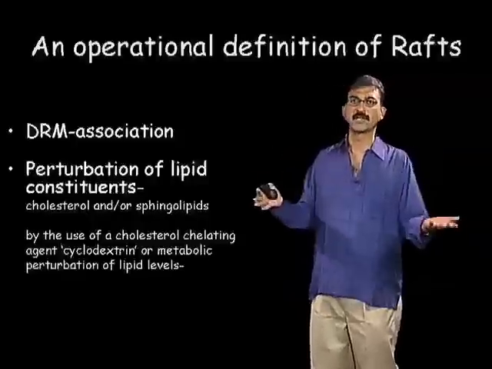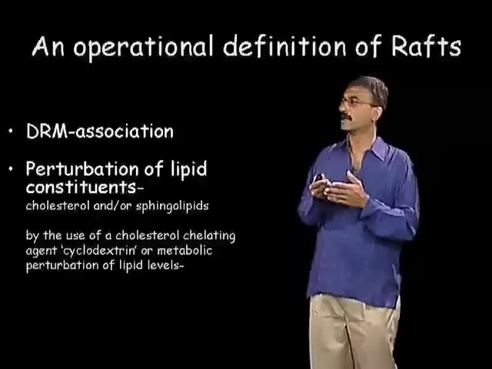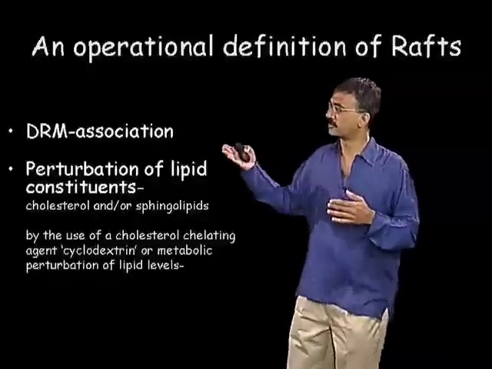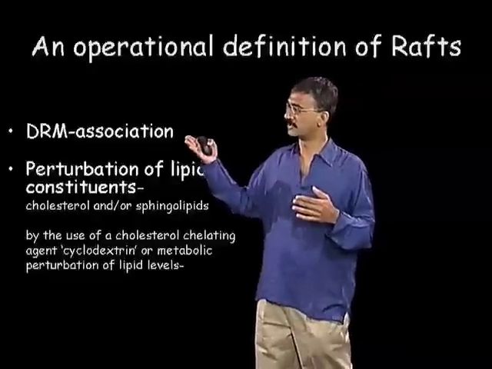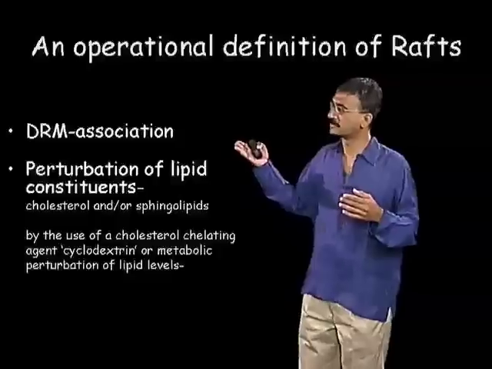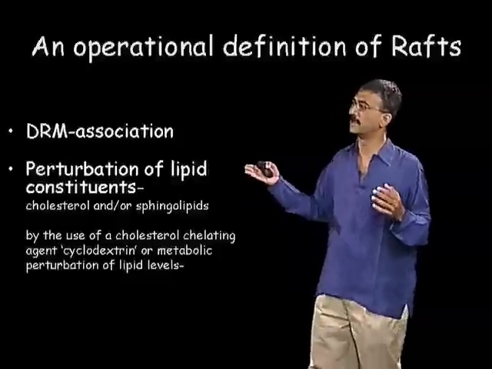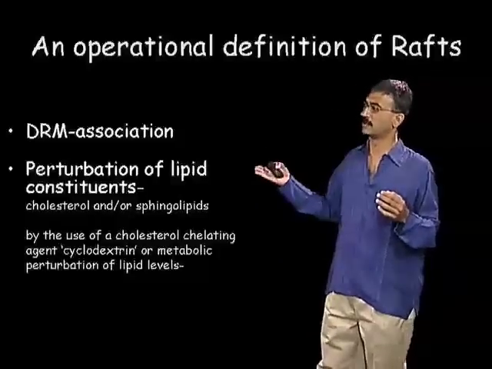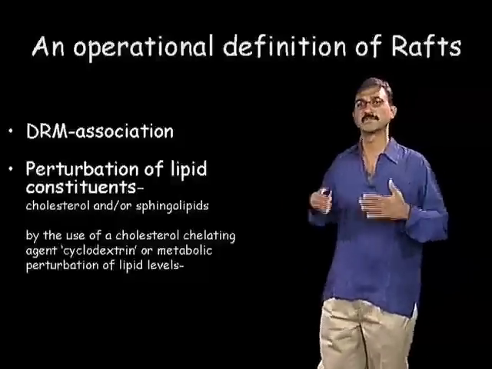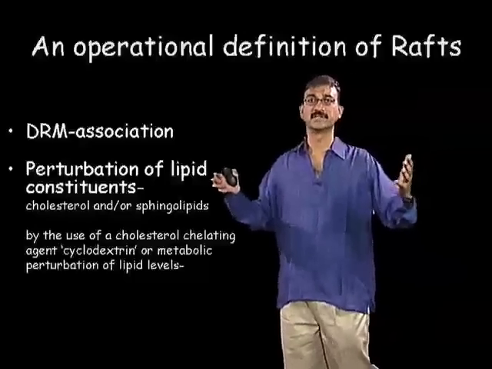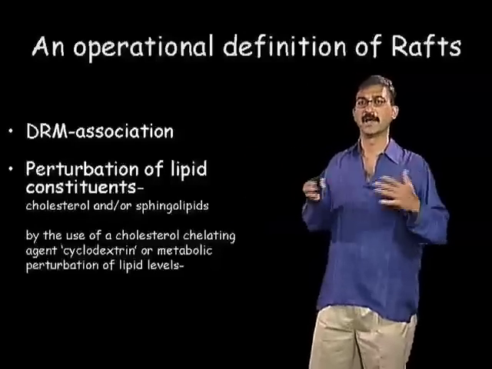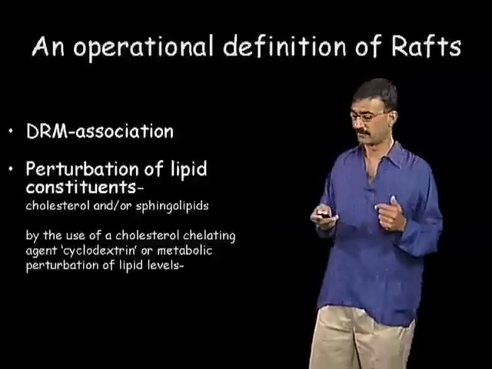For example, sorting of membrane proteins: if they were associated with detergent-resistant membranes, and the sorting was perturbed by cholesterol and sphingolipid level perturbation, then it was thought that the sorting of those membrane components was occurring by these membrane rafts.